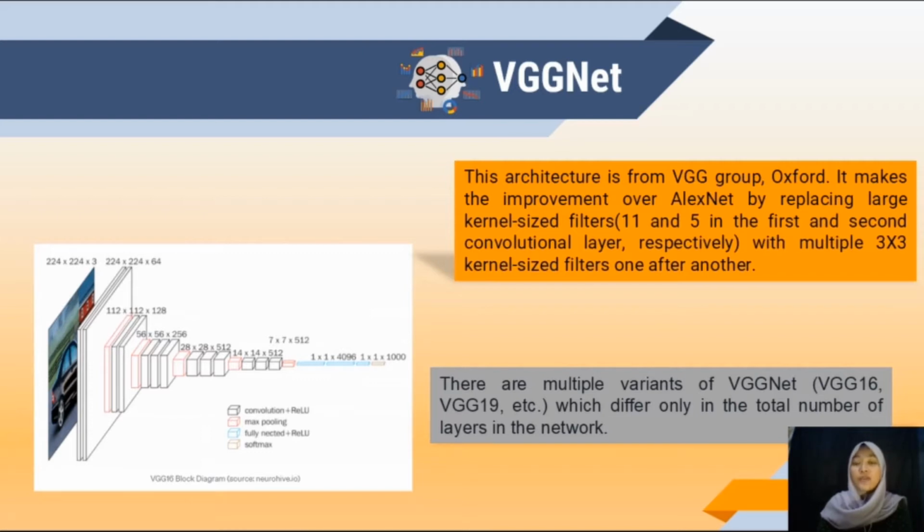There are multiple variants of VGGNet, such as VGG16, VGG19, and etc., which differ only in the total number of layers in the network.